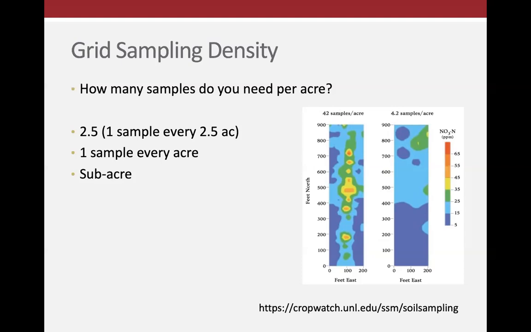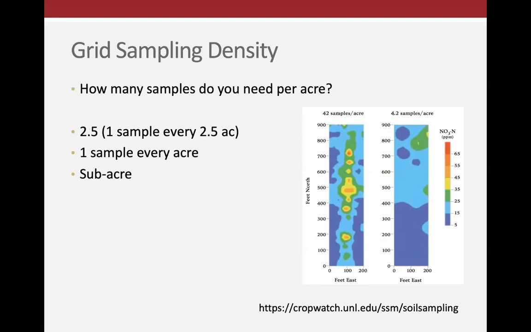This is an example, kind of an extreme example, from some work based on nitrate, which is an incredibly variable nutrient in soil. Here we have 4.2 samples per acre, and we essentially take those samples and make this pretty map, which we would call an interpolation map.